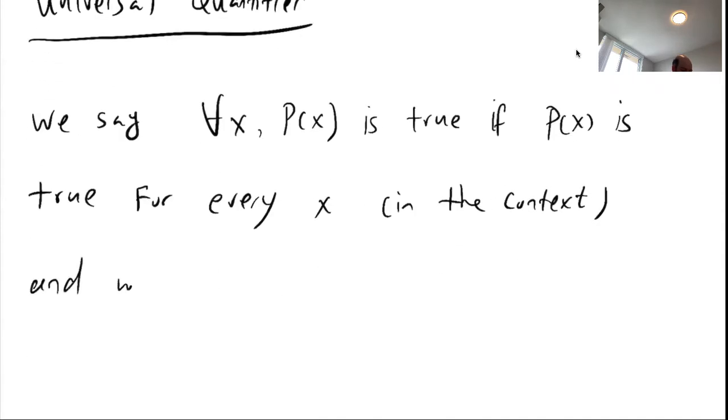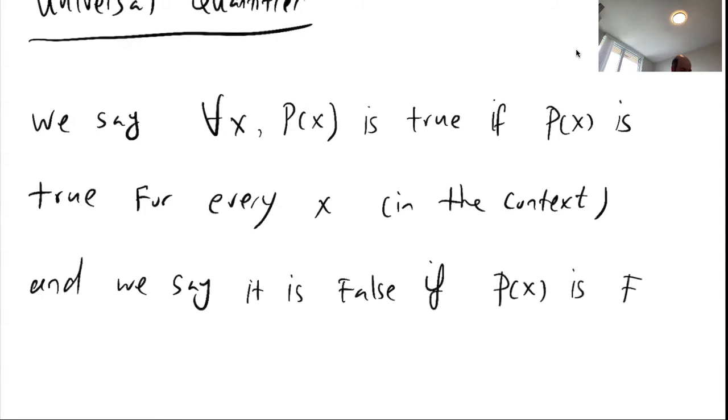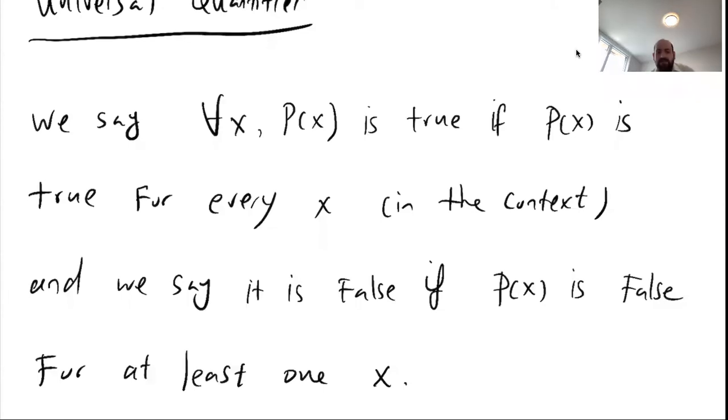And we say it is false if p of x is false for at least one x. Okay, so first of all, normally we have a statement depending on x.